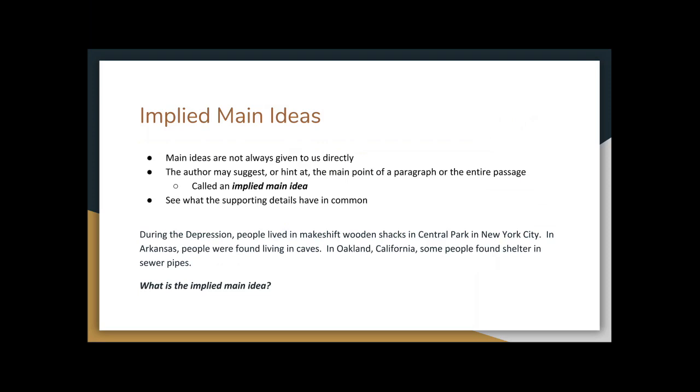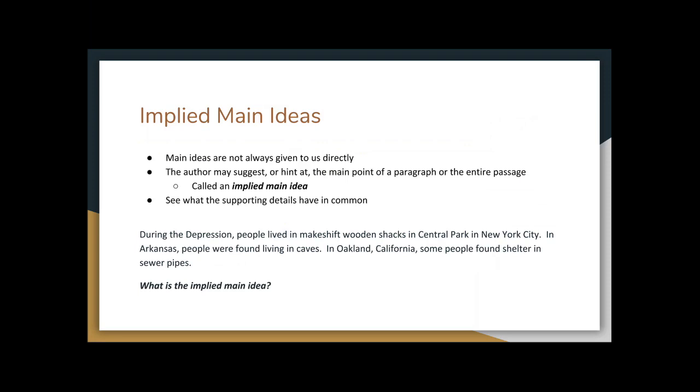So let's take a look at the information and see if we can determine what the implied main idea is in this paragraph. Well, we see that he is talking about what people in different parts of the country had to do for housing during the Great Depression. So the details that we get are, some people lived in wooden shacks in New York City.